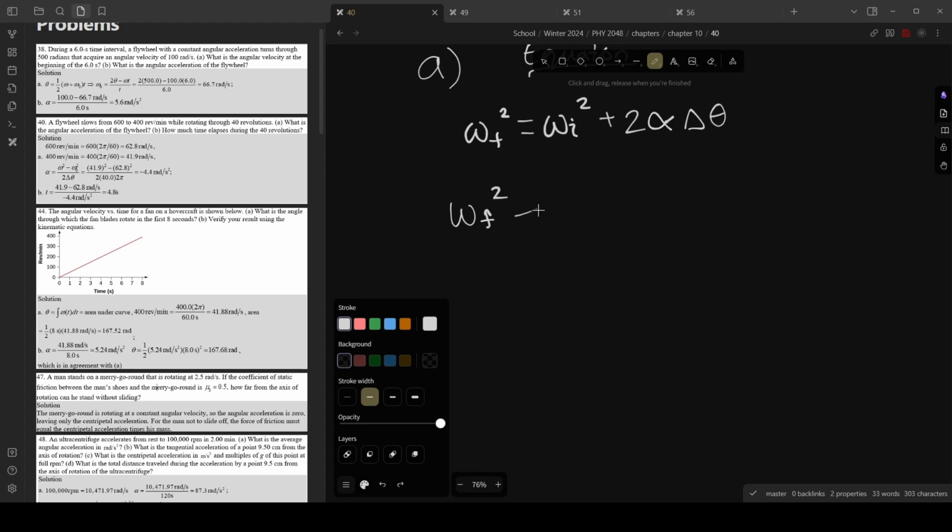You might do this on a test, but yeah, I think it would be a good idea to do it on the test. Just be careful, make sure you're isolating correctly. It's good to practice that now, just brush up on basic algebra. So yeah, divide by 2, divide by delta theta.